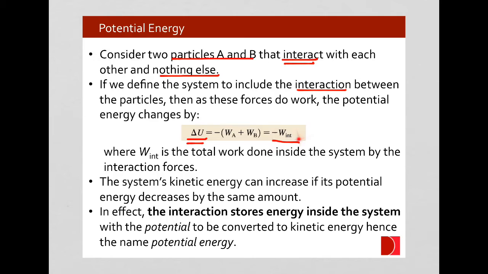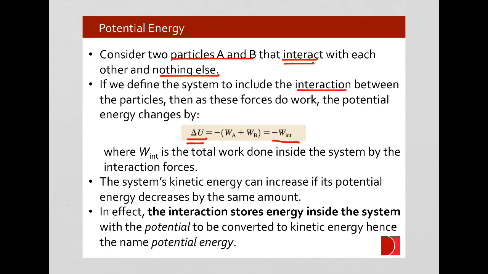Furthermore, the total work done by the internal forces can also be considered as the work done by particle A and the work done on particle B, since both of them are part of the system. If the work done is negative, that means that energy is taken away from kinetic energy and put into this potential energy. Think of it as being stored as this potential energy, or vice versa.